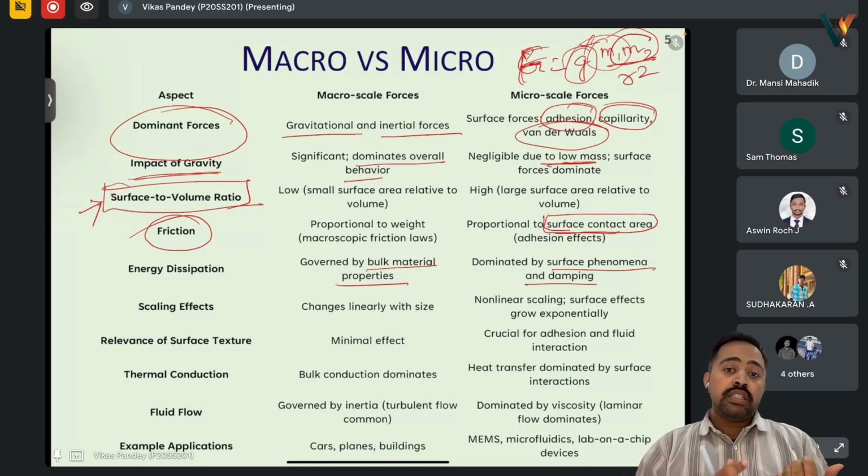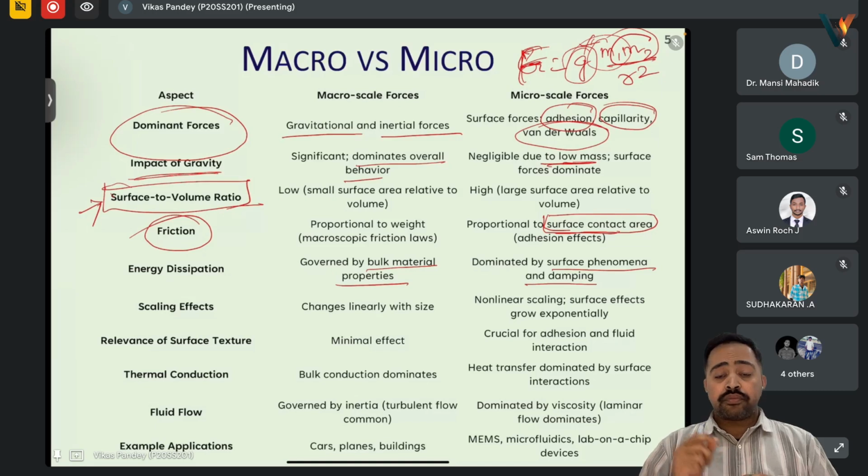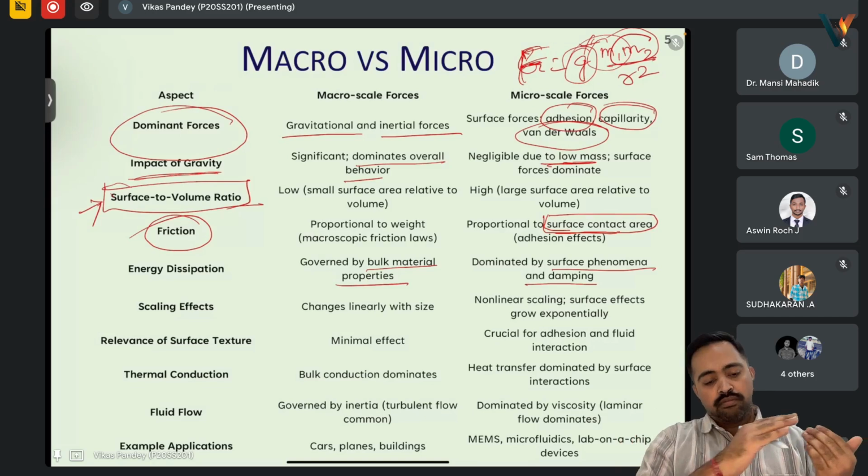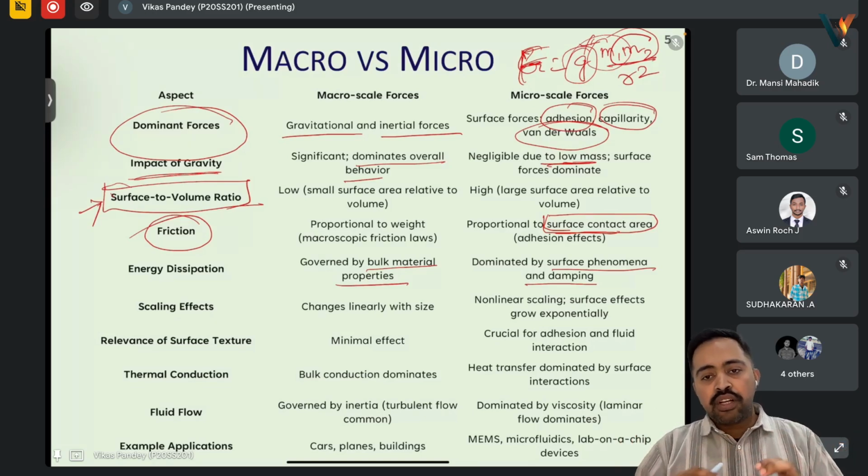But this is not the same when we are talking about micro scale forces, because the surface to volume ratio actually increases many folds when we are reducing the size, and that's why the force effect increases or decreases very non-linearly, not exactly in terms of reducing the size.